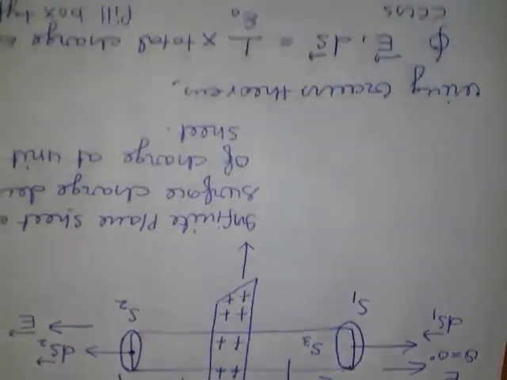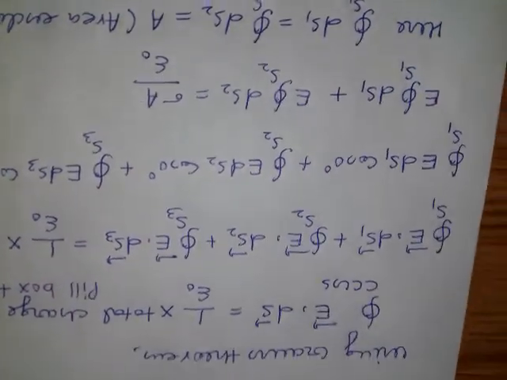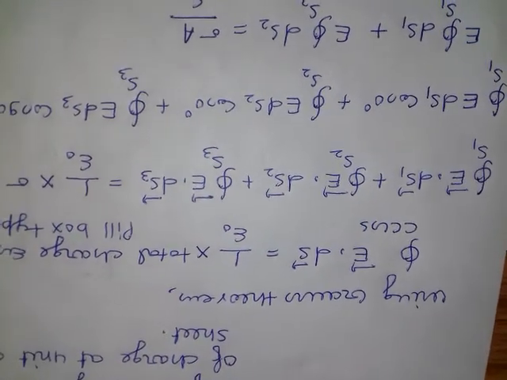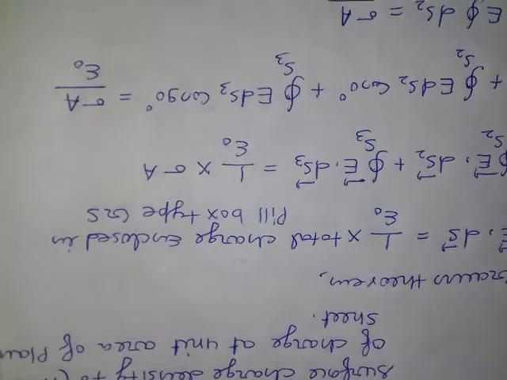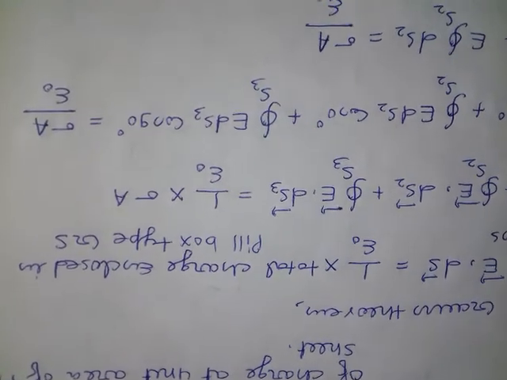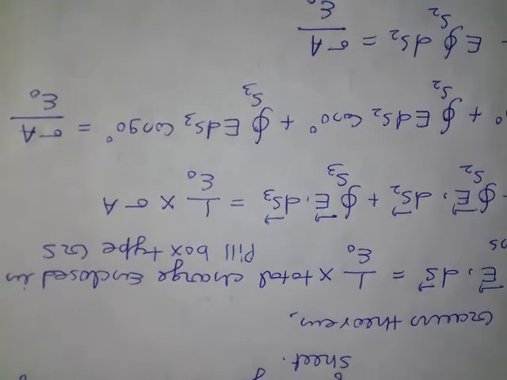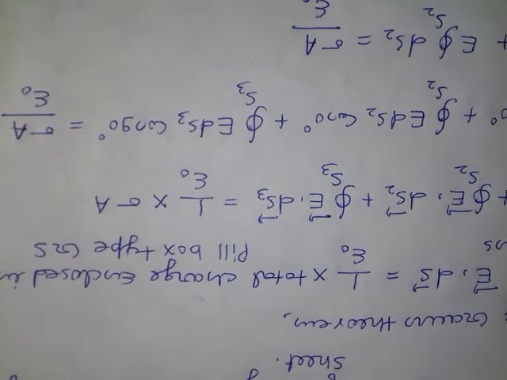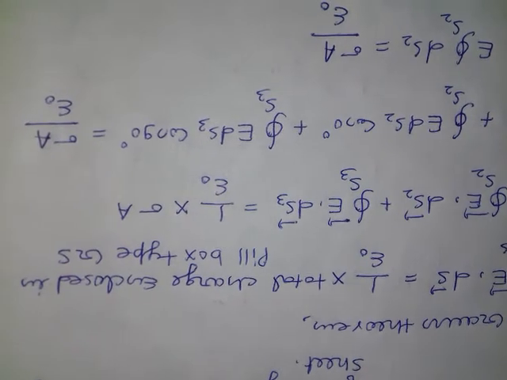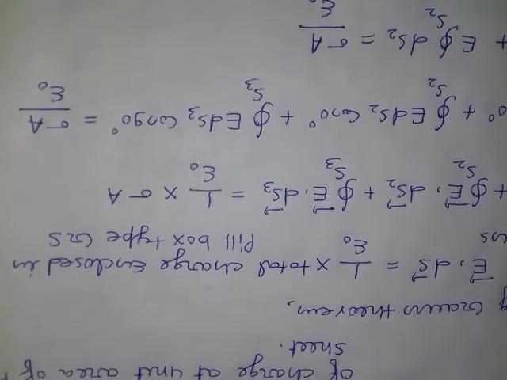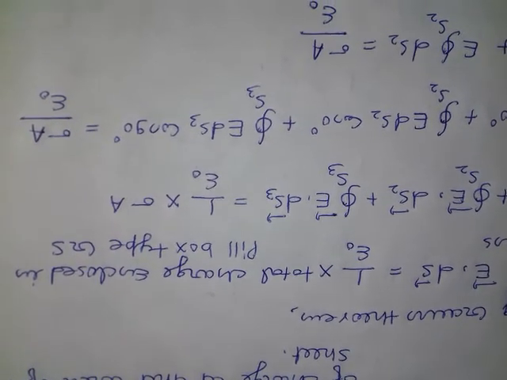Now using Gauss theorem, the integration over the closed surface of E dot ds is equal to 1 upon epsilon naught times the total charge enclosed in the pillbox type Gaussian surface, which is 1 upon epsilon naught into sigma A. Sigma is the amount of charge per unit area and A is the area of the pillbox type Gaussian surface.